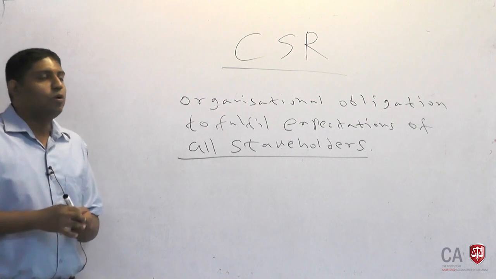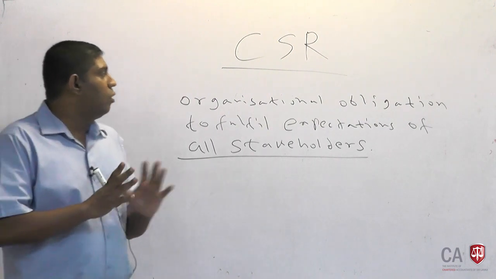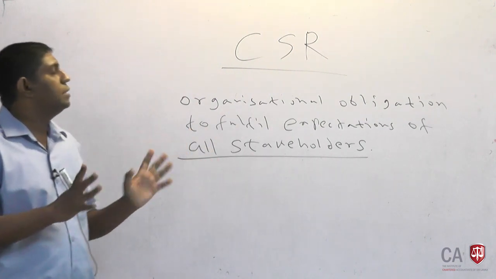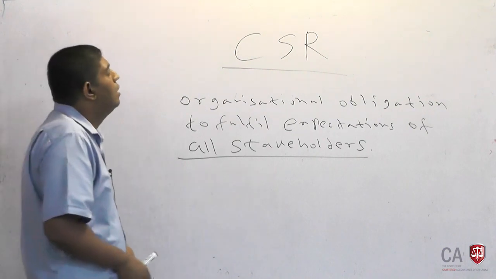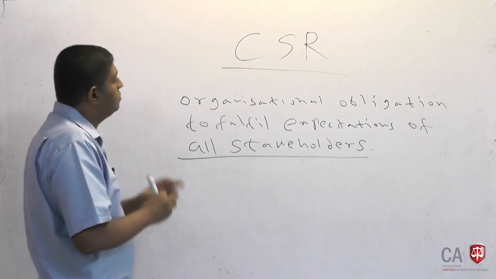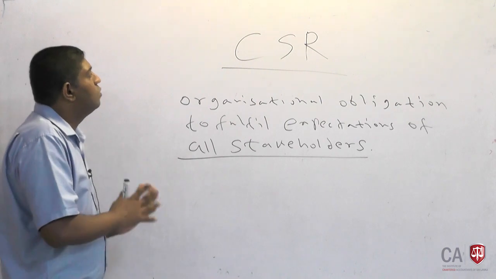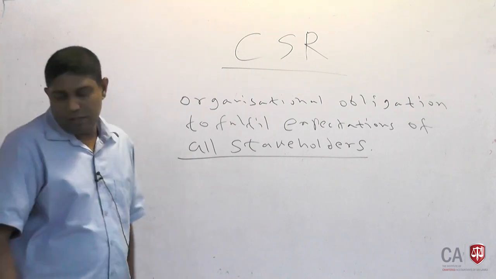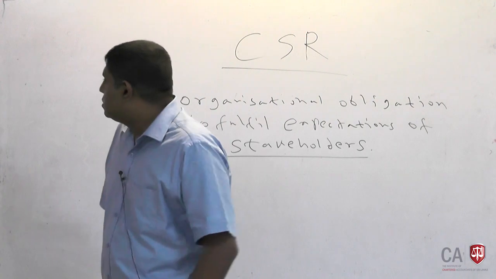So in a broader sense all stakeholders are considered under CSR. If you are able to fulfill the expectation of all stakeholders, that means you are good in CSR aspects, right.